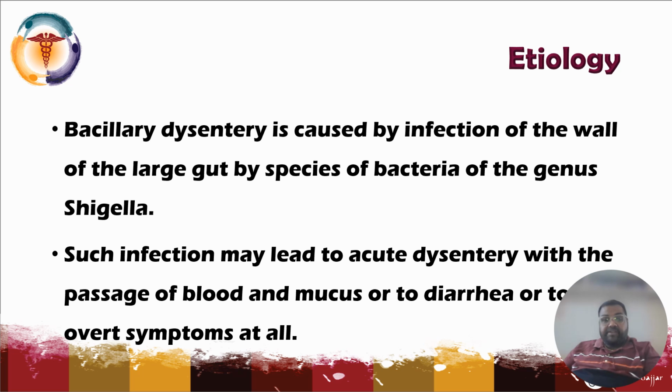Such infection may lead to acute dysentery with the passage of blood and mucus, or diarrhea, or to no overt symptoms at all. So symptoms नहीं भी हो सकता है और साथ में ब्लड पास होता है और म्यूकस के साथ पास होता है और डायरिया भी आपको दिखाई देगा. So this is the etiology of bacillary dysentery.